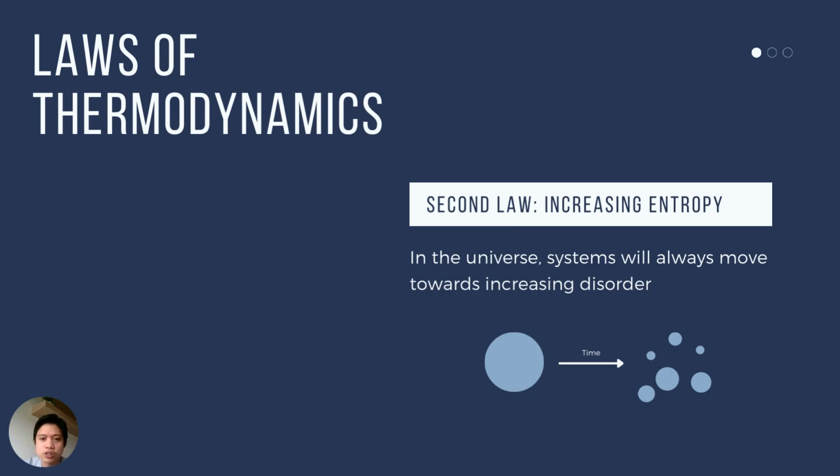As time goes by, it will undergo processes that will lead to that system, that big solitary circle, to form multiple circles that represent increased disorder. So in summary, the second law says that everything will always move towards increasing disorder. At the end of the day, there will be increased disorganization of a system.